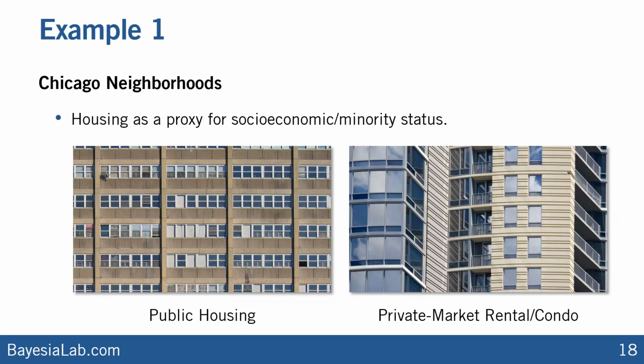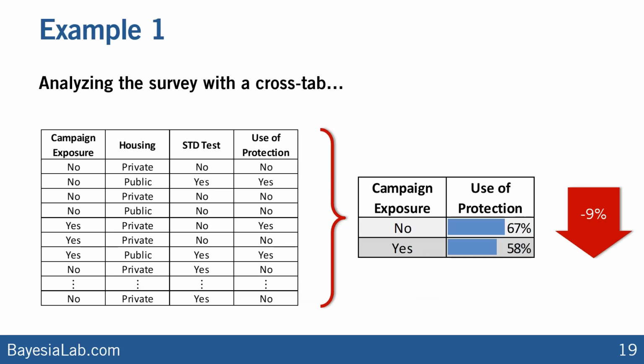So now they got the results back from the survey, and they're being presented to the health commissioner, and it doesn't look good at first glance, because among those folks who have seen the campaign, their use of protection is lower than the use of protection among those who did not see the campaign.